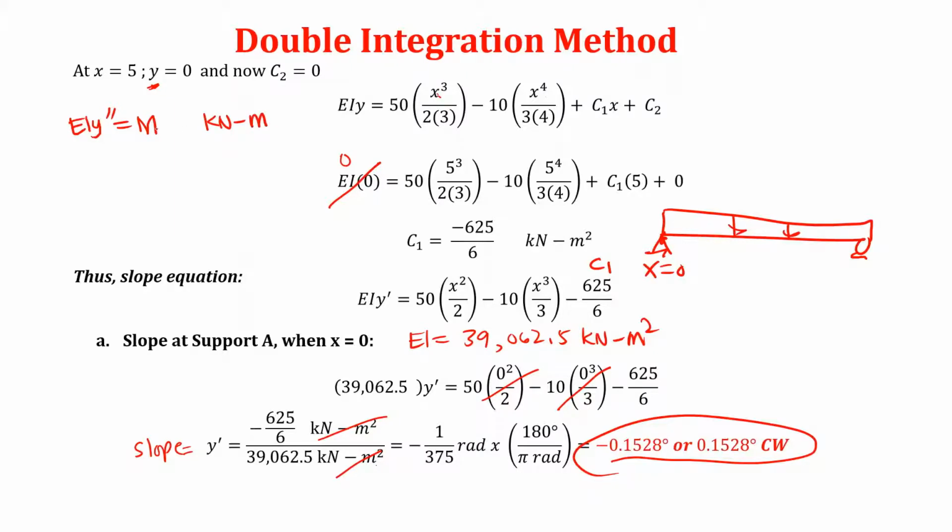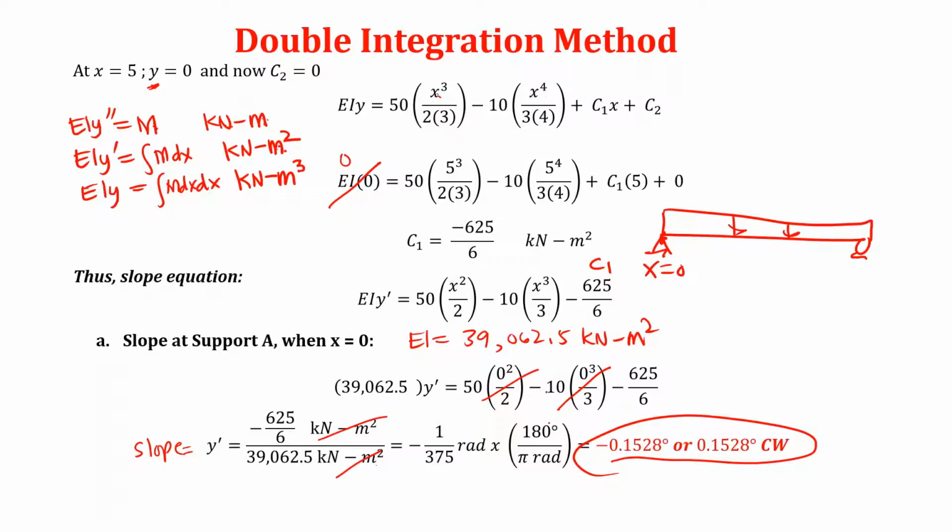Because it's a moment, right? A moment is force times distance, so the unit is kN meter. For EI y prime, the unit is kilonewton meter squared, right? Because you integrated, so a meter is added. If it's EI y, then that becomes kN meters cubed.